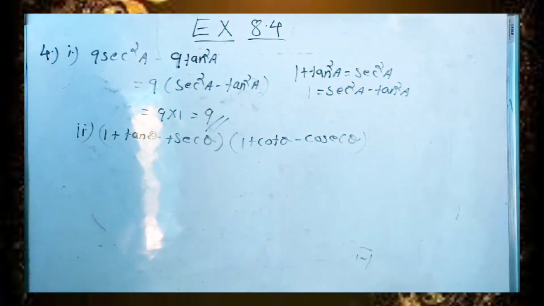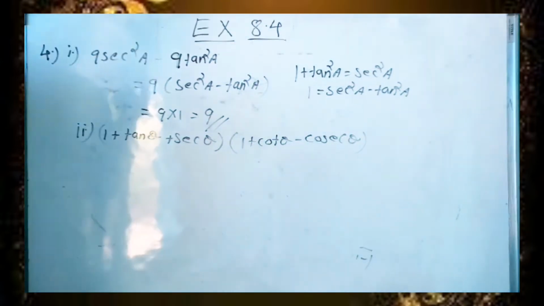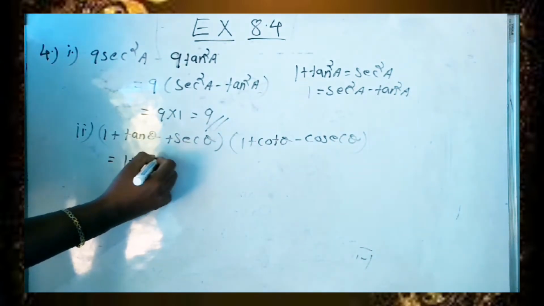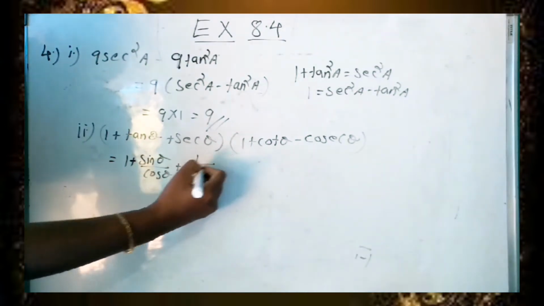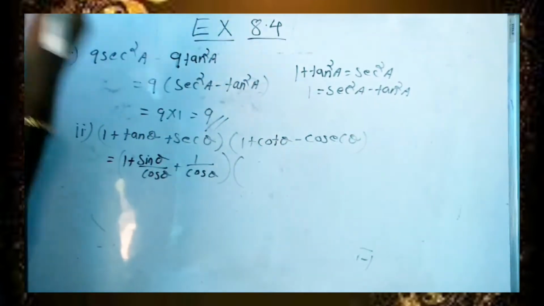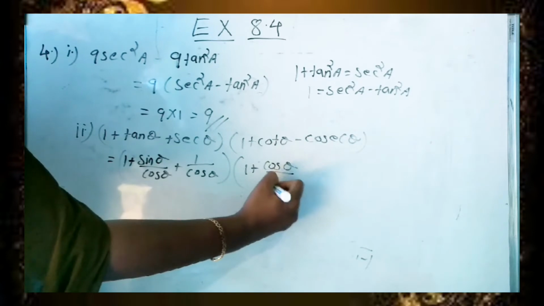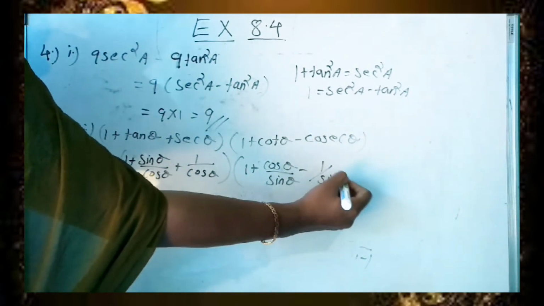Okay, here we are going to write all these trigonometric ratios in terms of sine and cos first. That is, this is equal to 1 plus tan, we can write it as sine theta by cos theta, plus sec is 1 by cos theta, into 1 plus cot is cos theta by sine theta minus 1 by sine theta.